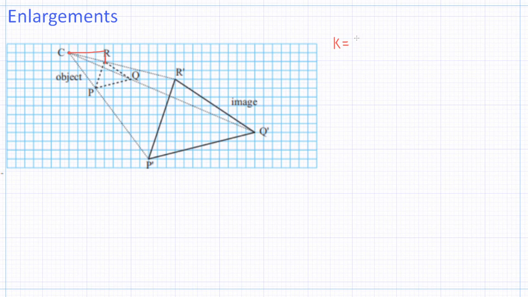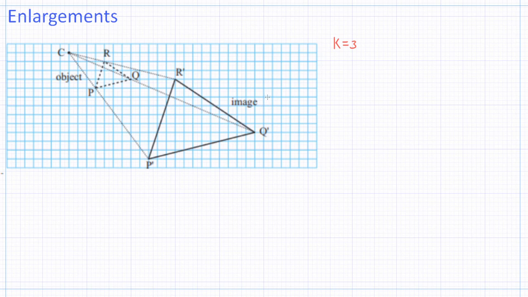Let's assume that you were given that K was equal to 3, and you were given this triangle and the center point. What you can do here, for point R compared to point C, is go 4 to the right and 1 down, right?